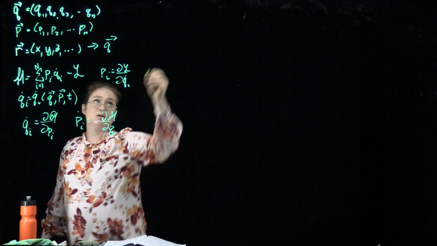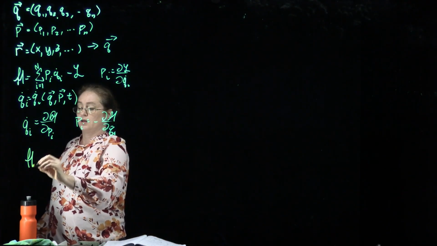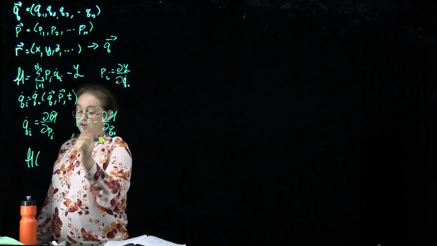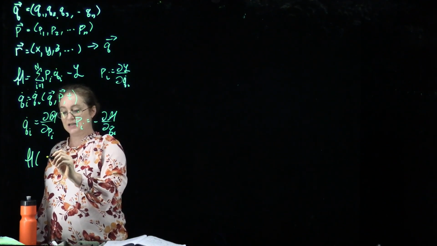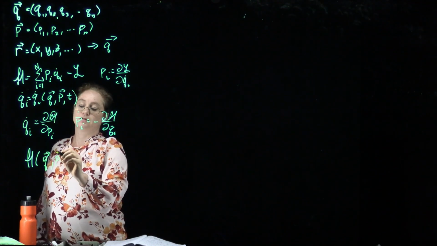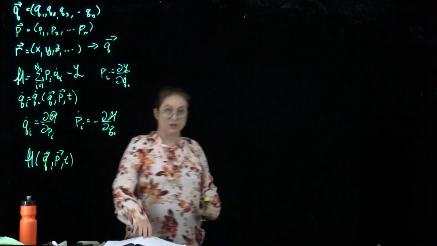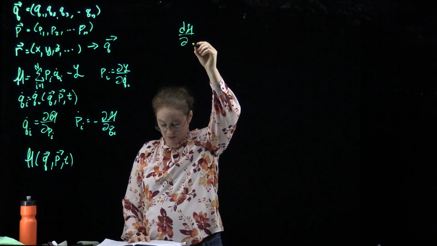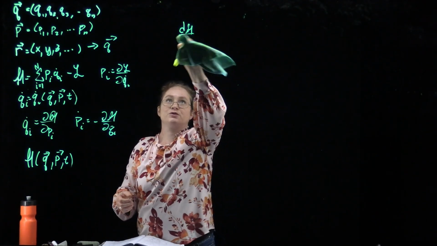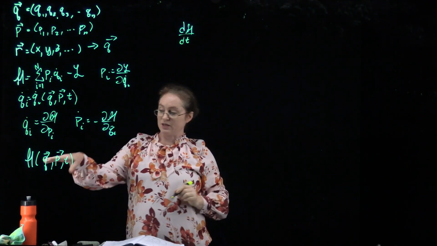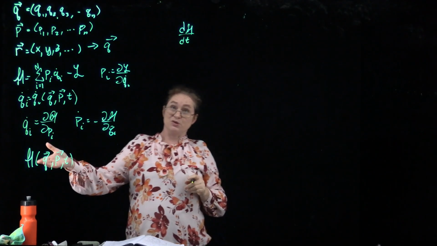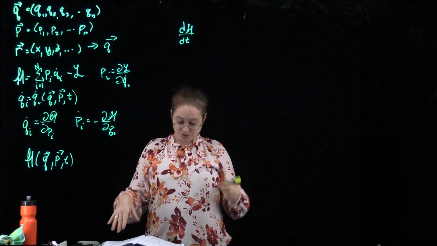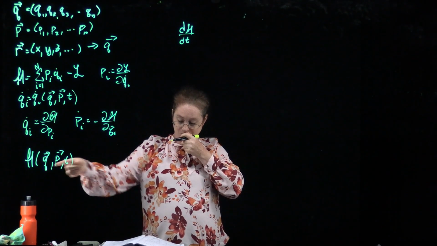Because the Hamiltonian is a function of the q's, the p's, and t, if we want to look at the total time dependence of the Hamiltonian, it is going to be the sum of the partial derivatives with respect to each of the different variables times their time derivatives.